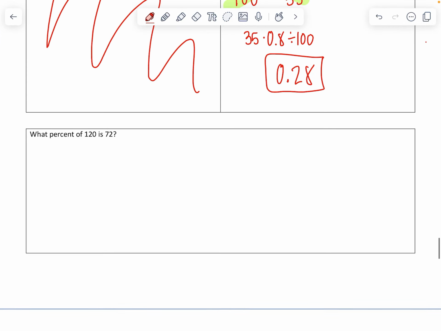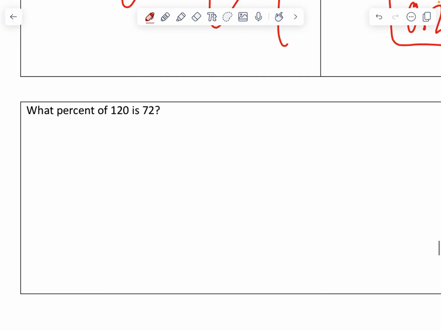Last question. It says, what percent of 120 is 72? So set up our proportion like we have been. Okay. First question I ask, does it give me a percent? No. Remember, if it's going to a percent, then it's going to have the symbol. So neither of those are a percent, so that means we're missing the percent. Okay? Do not put a number above the 100 unless it is a percent.